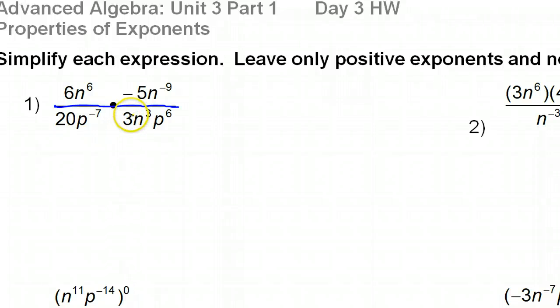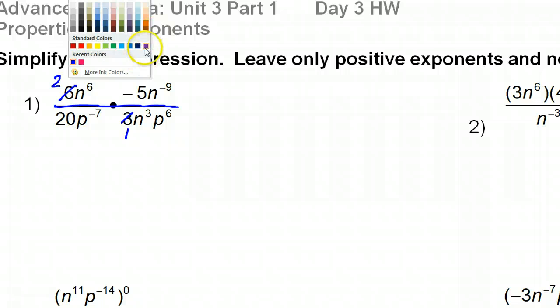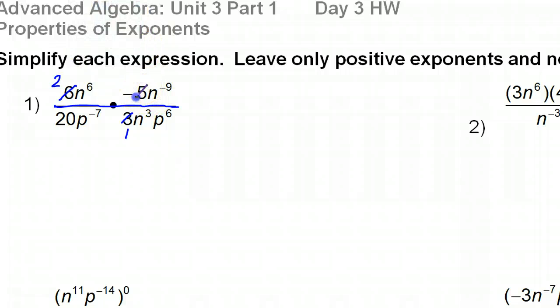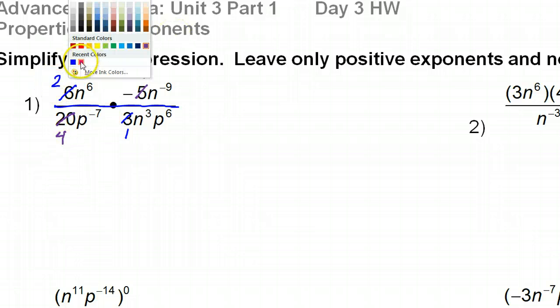So looking at the 3 and the 6, alright, 3 goes into itself once, 3 goes into 6 twice. Okay, I'm reducing. Looking at the 5 and the 20, alright, 5 goes into itself once, 5 goes into 20 4 times. Okay, and I can even continue with the 2 and the 4 there.